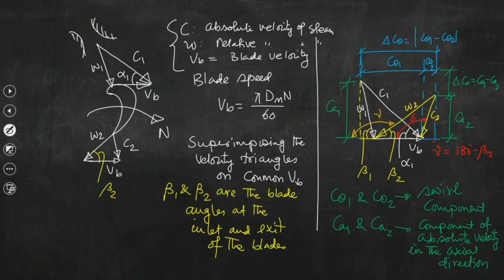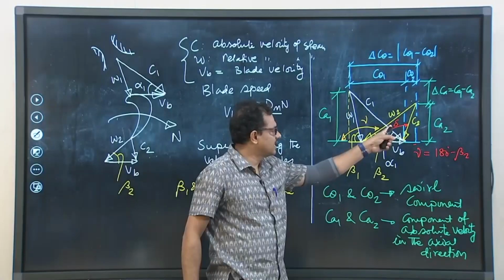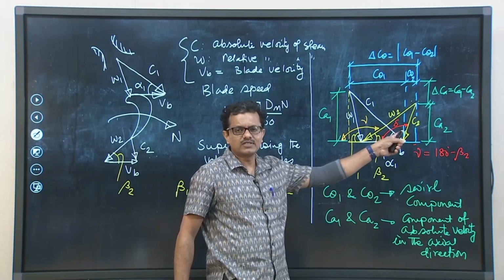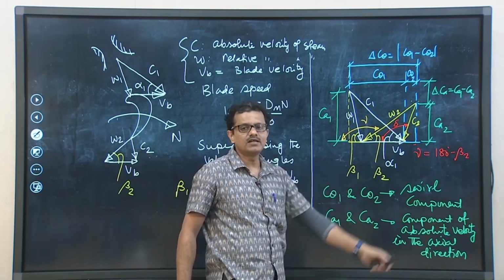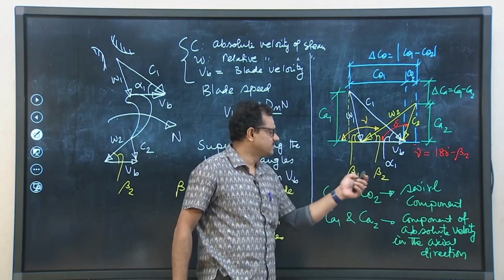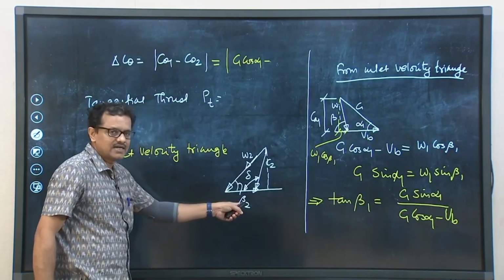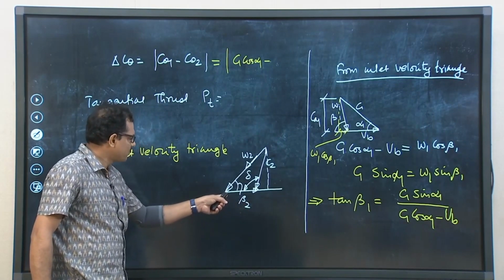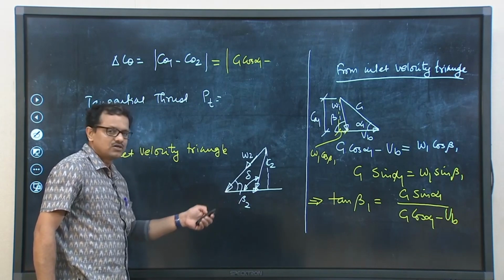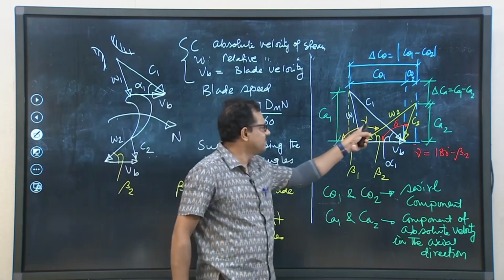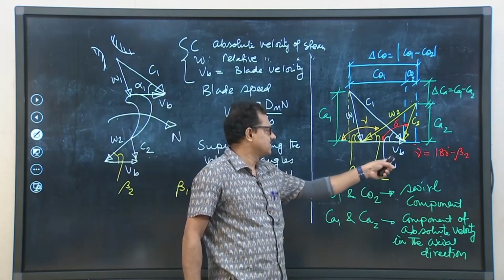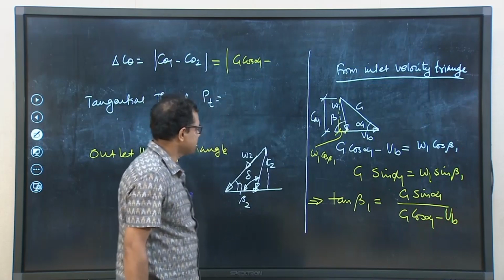That is what we could define. Delta is the angle made by the exit absolute velocity of steam leaving the blades with the plane of rotation of the wheel, and this angle is beta 2. So, we have drawn this beta 2, that is the blade angle. Of course, if we draw the angles in the clockwise direction, then gamma would be the exit blade angle, so 180 minus beta 2.